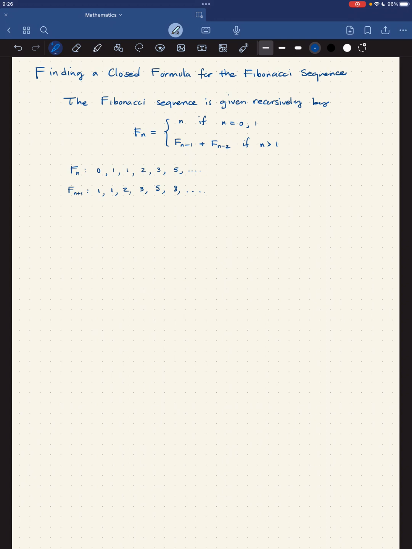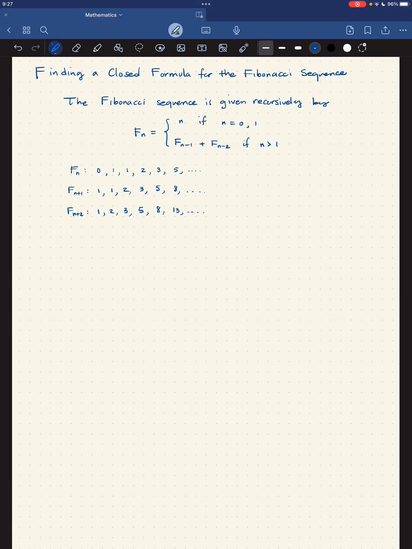Now if I were to repeat the same process and shift again one term to the left, we will get something like this: f of n plus 2. From this we now have 1, 2, 3, 5, 8, 13, and so on.